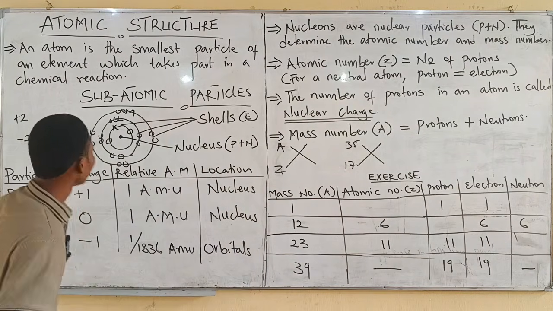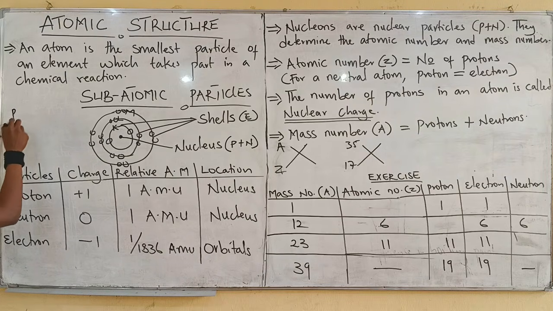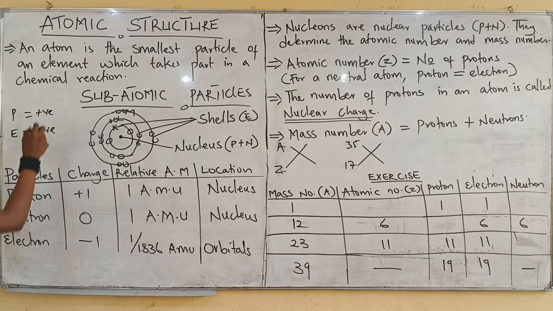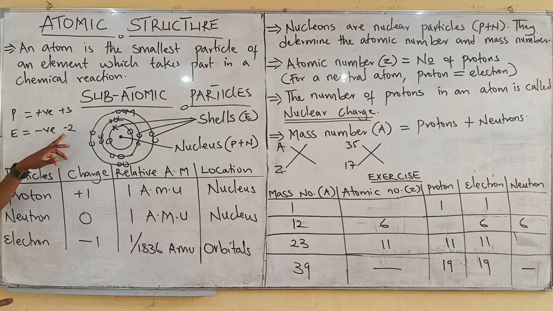Why is it so? Now, if you have something like this, remember, proton is positively charged, while electron is negatively charged. If the proton, say, is +3 and the electron is -2, what will be the overall charge of the atom? +3 minus 2 will be what? +1.